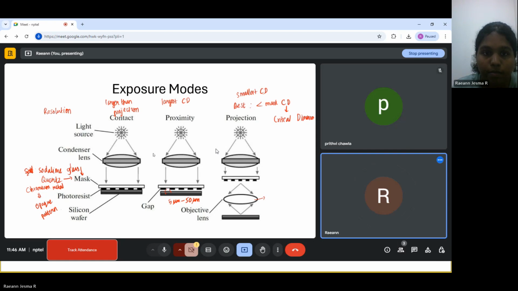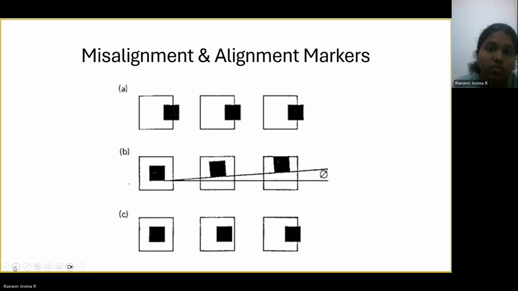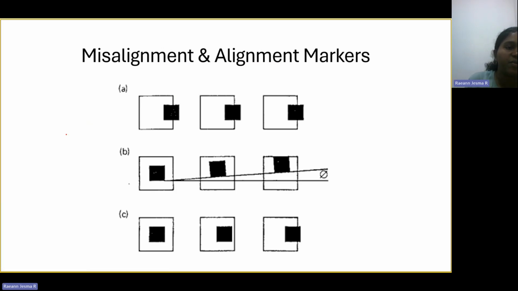Generally we will not go for just one layer, right? We may have multiple layers of materials. So if you have silicon, we may have SiO2 on top. Then we can have some metal layer on top. Then we will have another SiO2, and you can have another layer of metal.